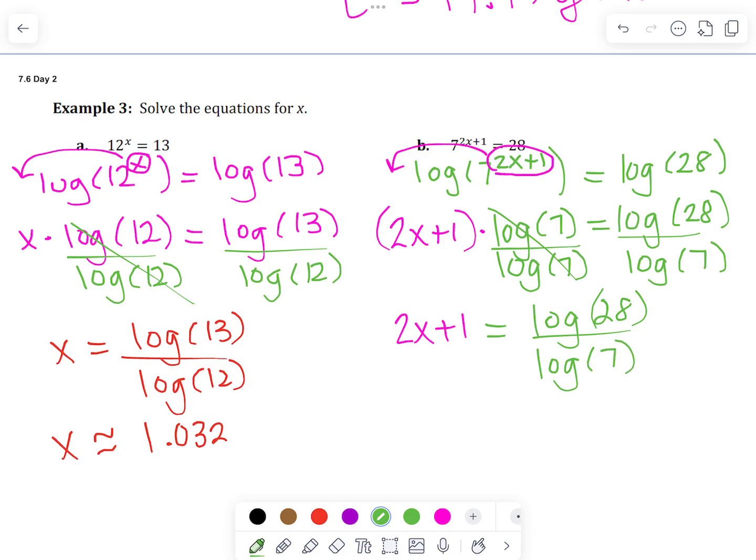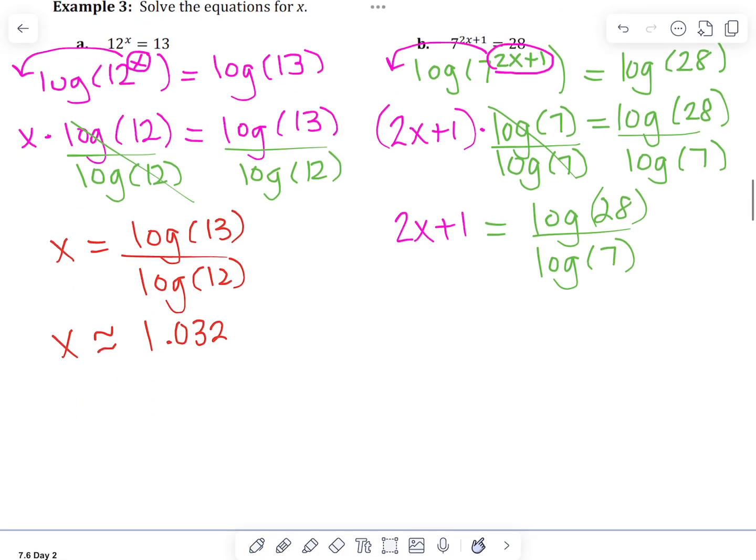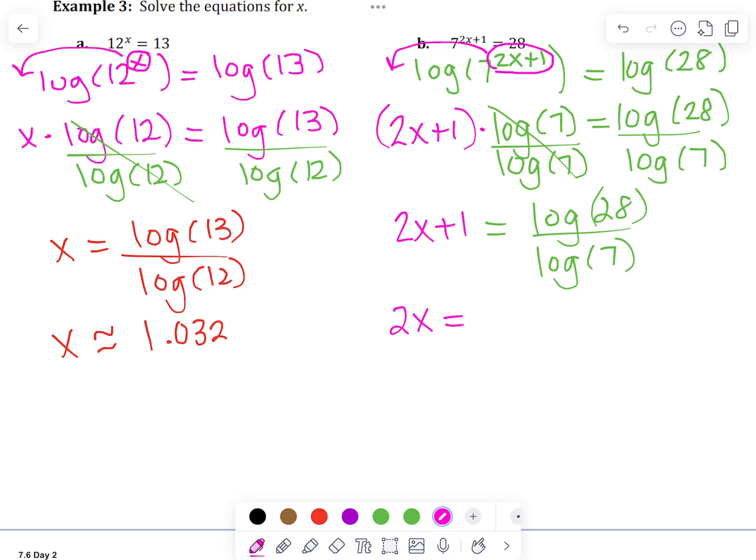Then what we want to do is we want to subtract 1 from both sides. And then the last step is to undo that 2 that's on the left side. We want to undo that 2, so we would divide both sides by 2.